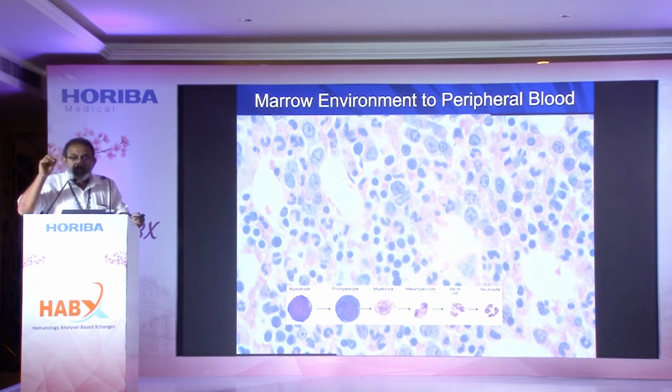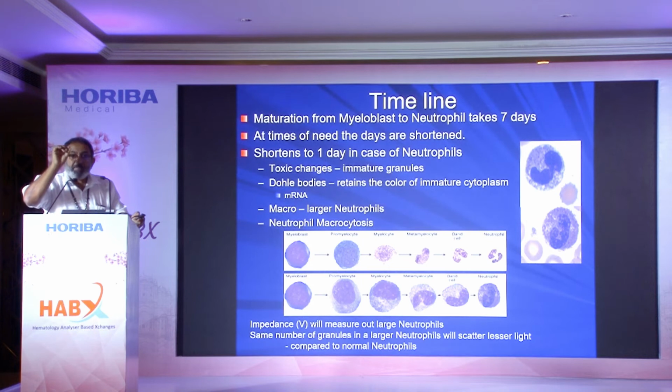But when there's an infection, this mechanism which happens over 7 days can happen in less than 1 day. The only thing that changes over 1 day is the nucleus. It becomes small, flatter and segmented. The blue color does not disappear. It remains as RNA in the neutrophil as Dohle bodies. That's what you see as bluish granules.